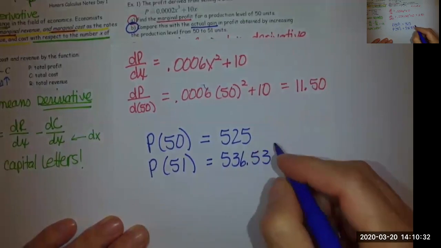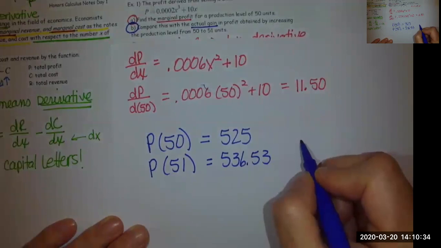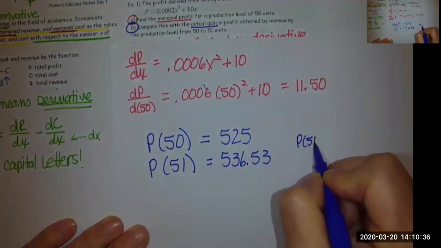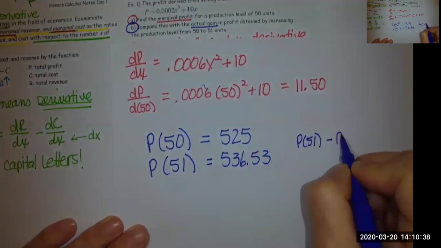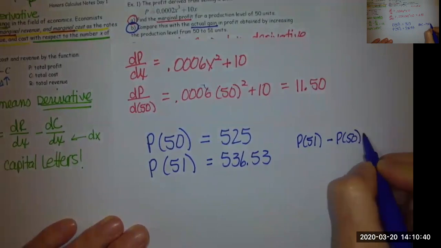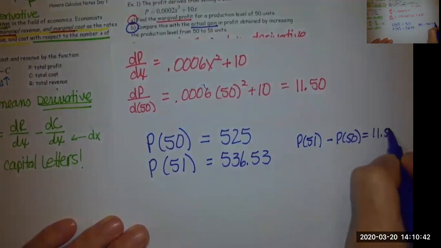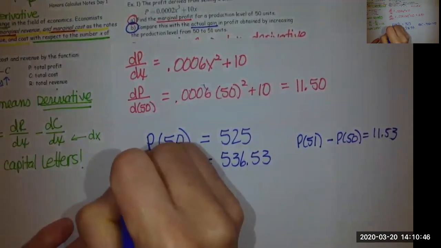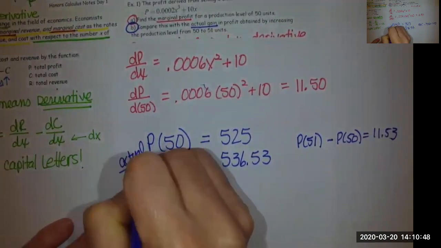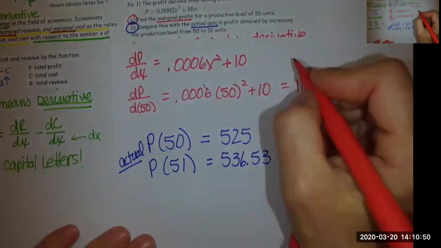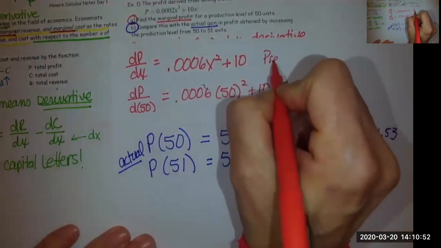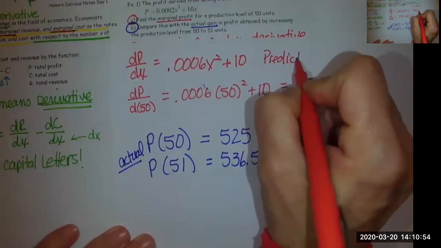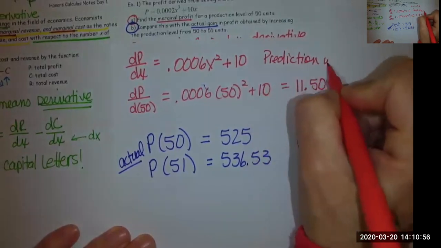And if you subtract those, right, P of 51 minus P of 50, we get 11.53. So this is actual, and this is a prediction with math.